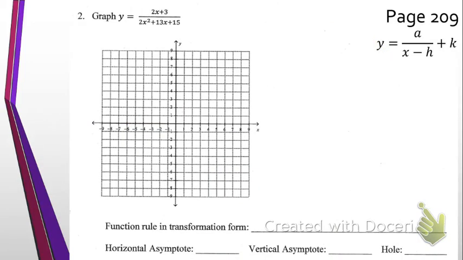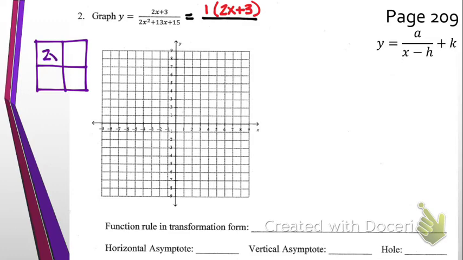Let's look at number 2. I'm going to just write that as 1 times 2x plus 3. So the GCF is just a 1. Let's make a box. Factor your denominator. So you have two numbers that multiply to be 30 and add to 13.